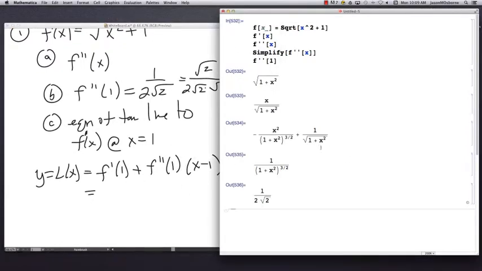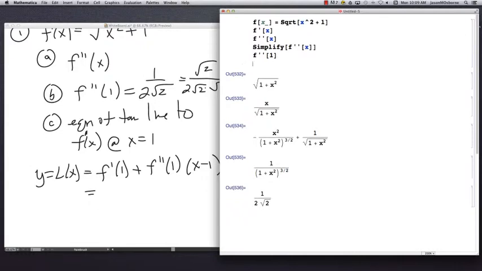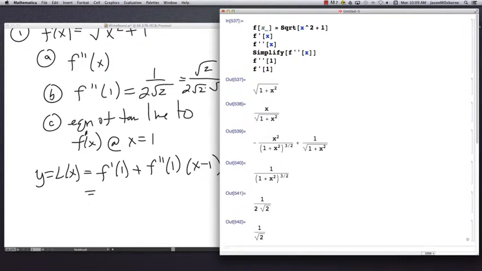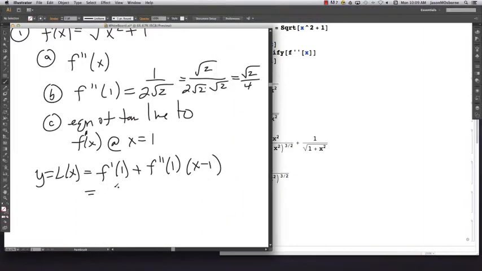So f prime of 1 is 1 over square root of 2, and f double prime of 1 is 1 over 2 square root of 2. So your answer should have been 1 over square root of 2 plus 1 over 2 square root of 2 times x minus 1. Okay.